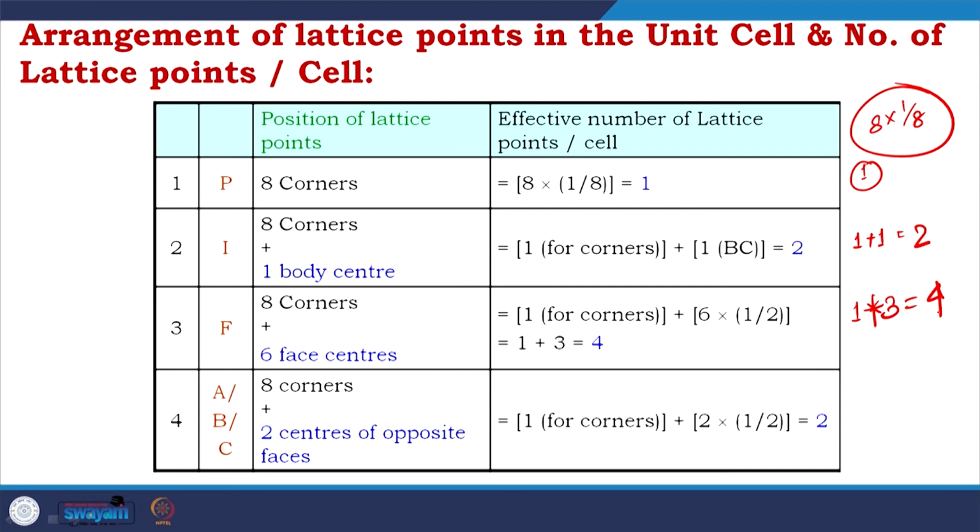So, 1 for the corners, and then 2 into half, because it is either A or B or C, because you have the centers of opposite faces. So, contribution of half each, so 2.